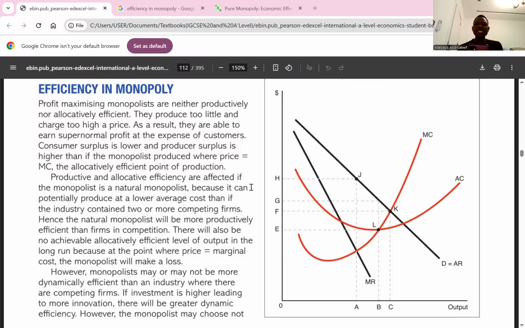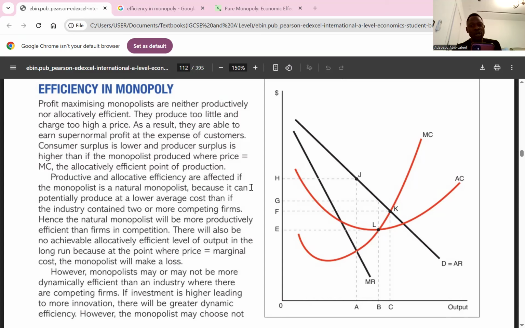So a profit maximizing monopolist is going to produce at OA, where MC equals MR. But producing here means the price it is going to sell at is OH and the quantity produced is OA. Producing at this output means you are productively inefficient, because your average cost is greater than your marginal cost.